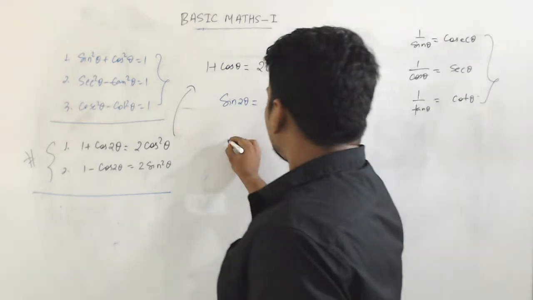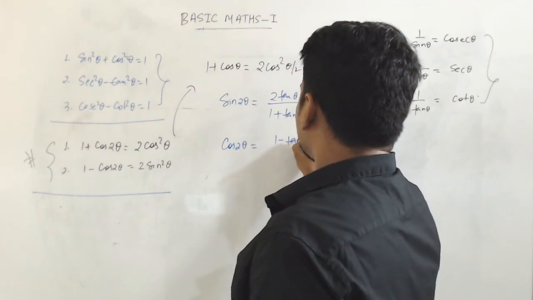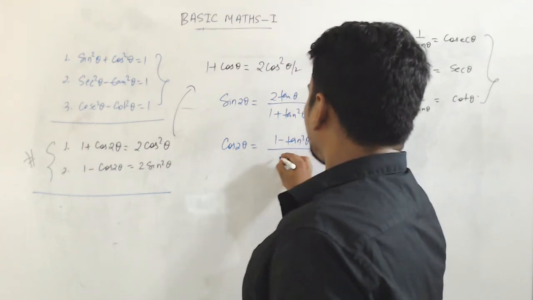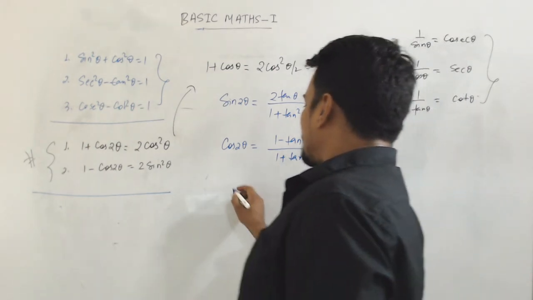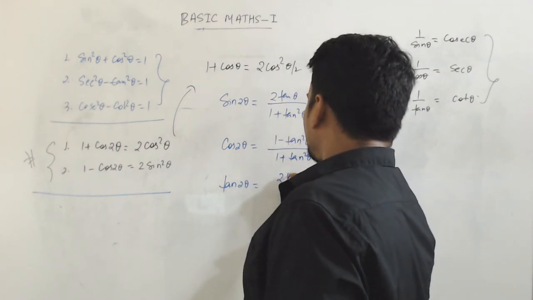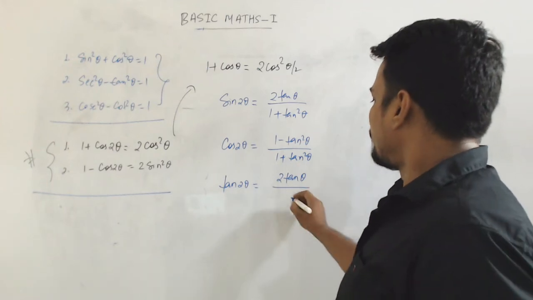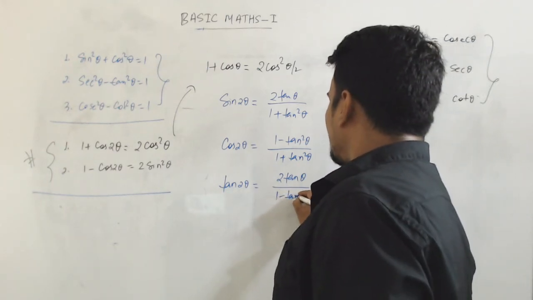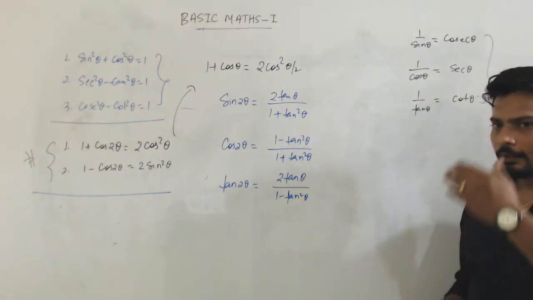Now cos of 2 theta is given as 1 minus tan square theta upon 1 plus tan square theta. And likewise, tan of 2 theta should be 2 tan theta upon 1 minus tan square theta. Just make a note, and this is going to be important.